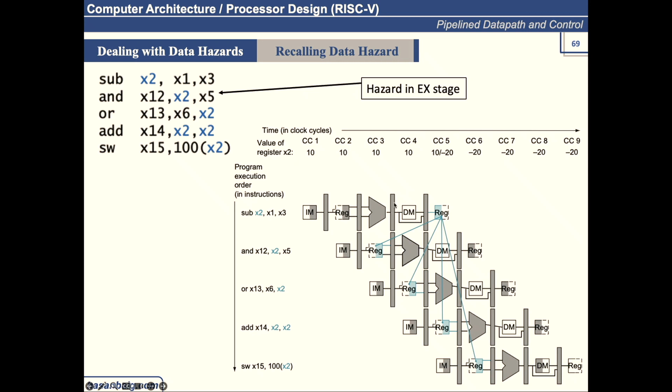And it is stored in this pipeline register. So why do we need to wait for this instruction to write the data into the register file? We can fetch the data from here, right? And this is what we call forwarding. Okay, make sense? All right, so this was the data hazard.